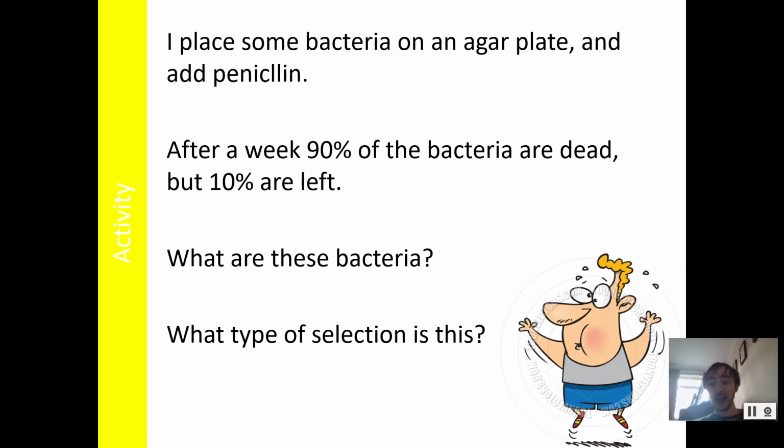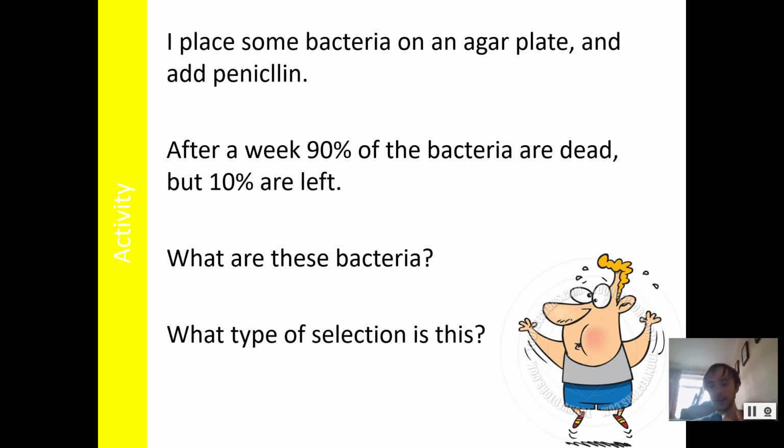Now, there will be different levels of antibiotic resistance in different bacteria. Some will have none. Most of the ones that are left will have a small amount of antibiotic resistance, and some will have a lot of antibiotic resistance.